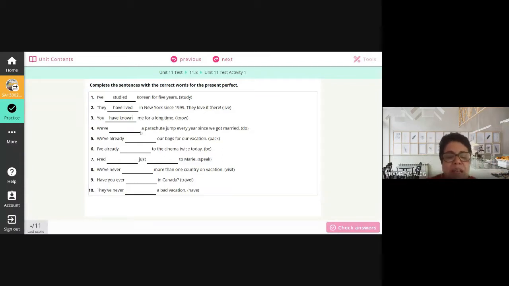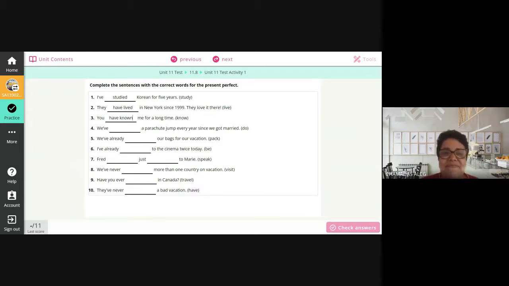Okay. Now let's see number 4. We've parachute jump every year since we got married. So here we have the subject and we have the auxiliary, so we don't need to include it.